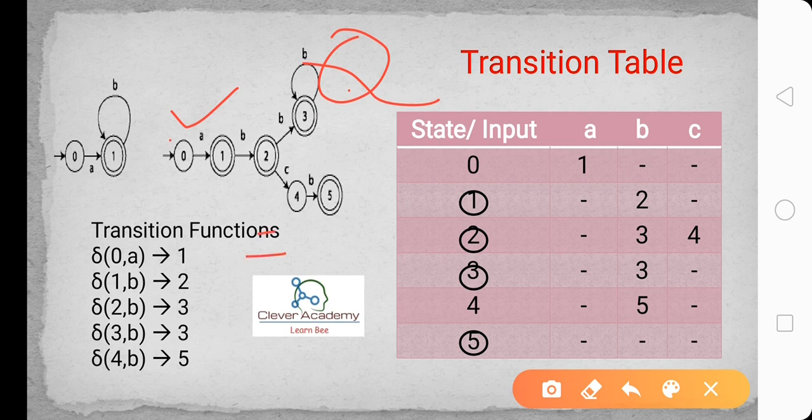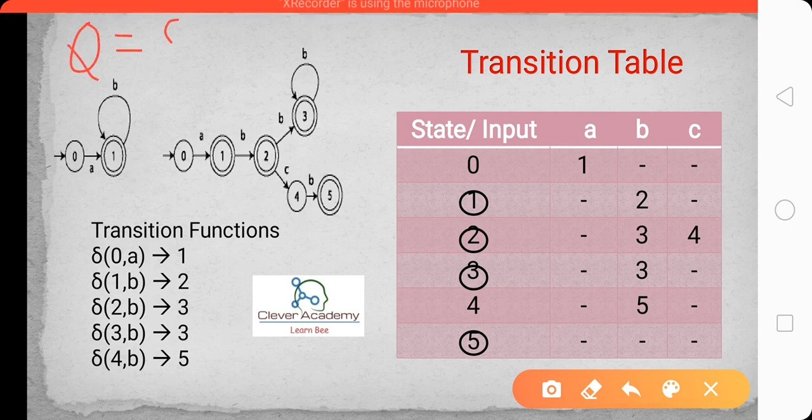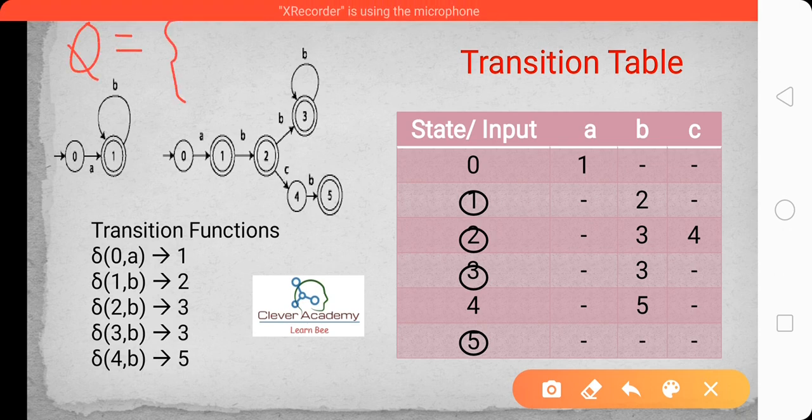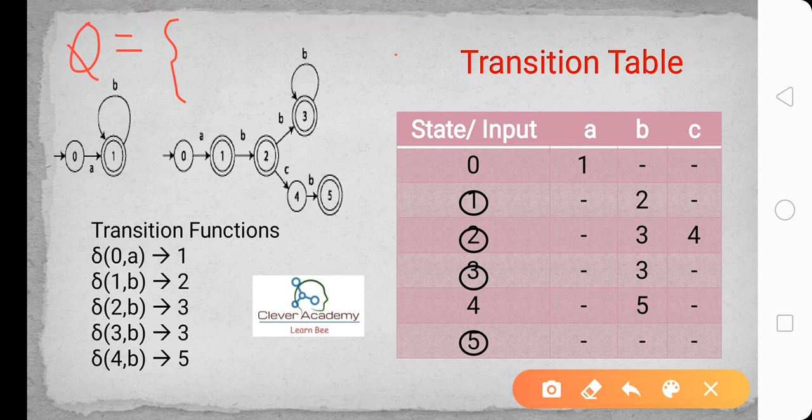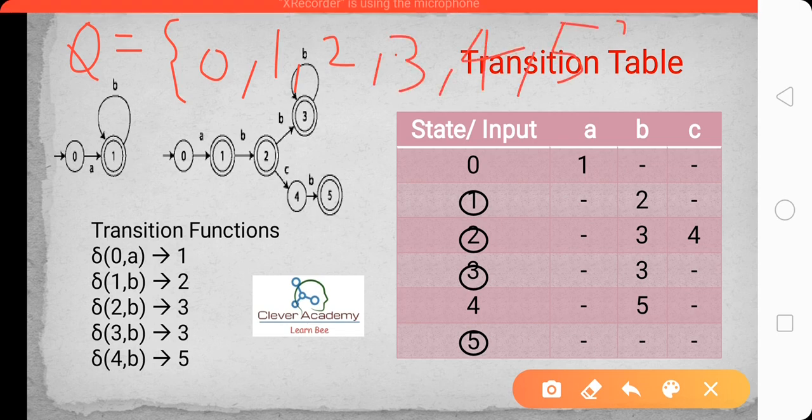Q equals 0, 1, 2, 3, 4, 5. The same thing we write here: Q equals 0, 1, 2, 3, 4, 5.